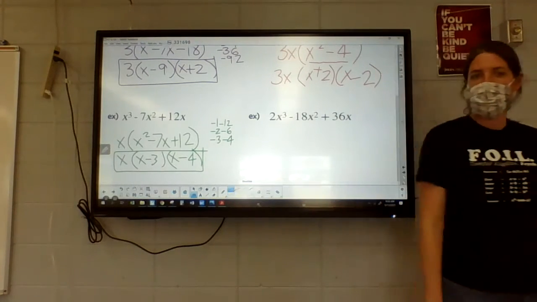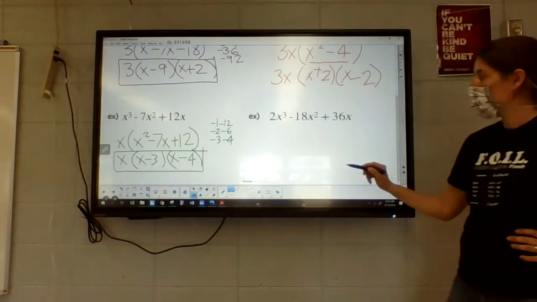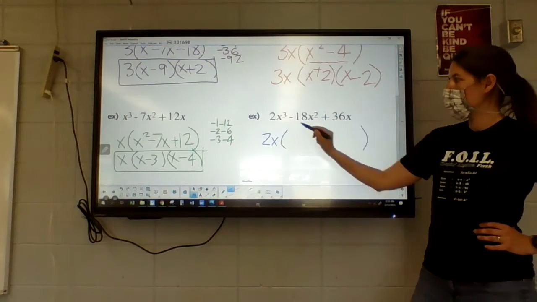What can come out of this next one, out of all three terms? 2, but also an x. Yep, so 2x. All three terms, we can take that out.